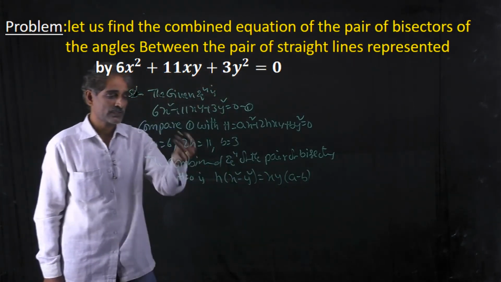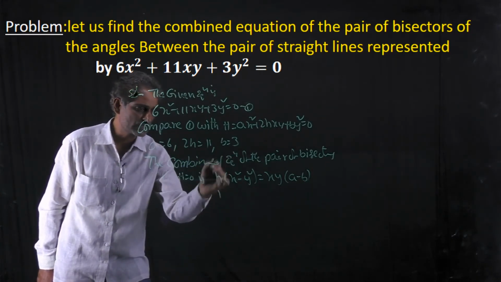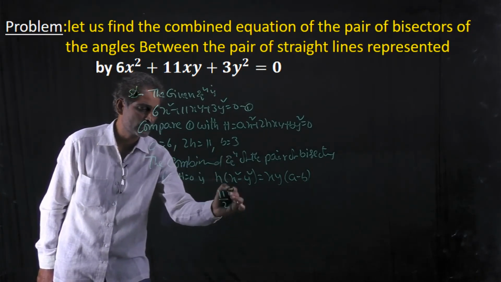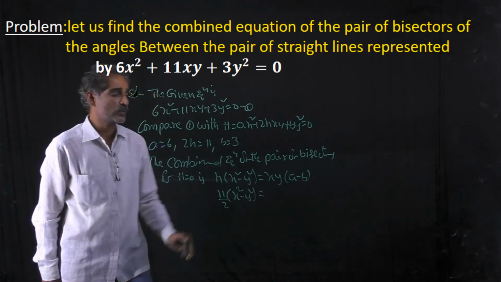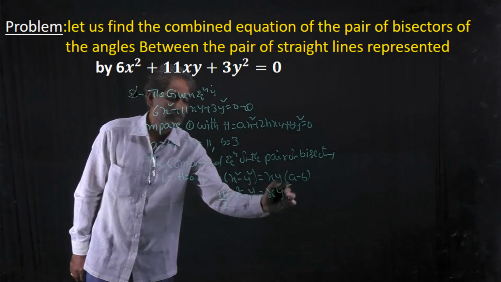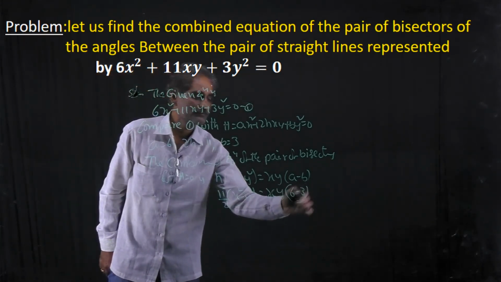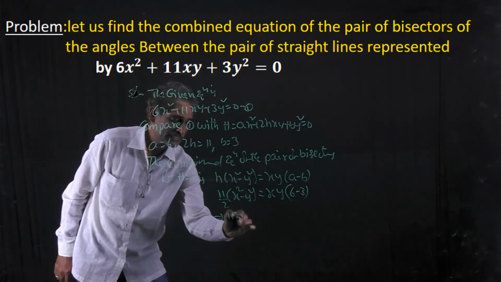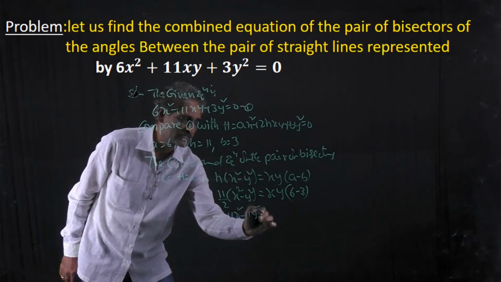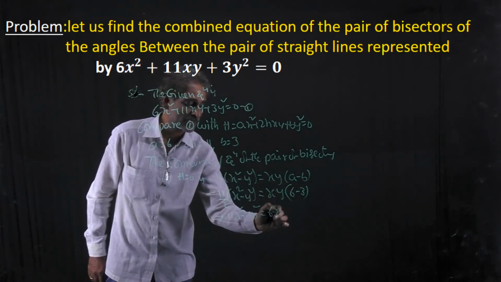Okay, now write down the values of a, h, b. 2h is equal to 11, h equal to 11 by 2 into x square minus y square, that is equal to xy into a minus b, 6 minus 3. Okay, so this implies 11x square minus 11y square is equal to 6 minus 3 means 3, 3 into 2 is 6, 6xy.